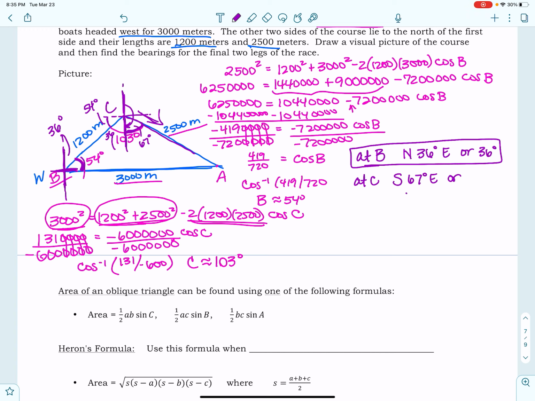Essentially all I'm doing is adding 90 to this little angle right here. So what's this little angle right here? Well, if this one's 67, what else do you need to get to 90? You need 23.